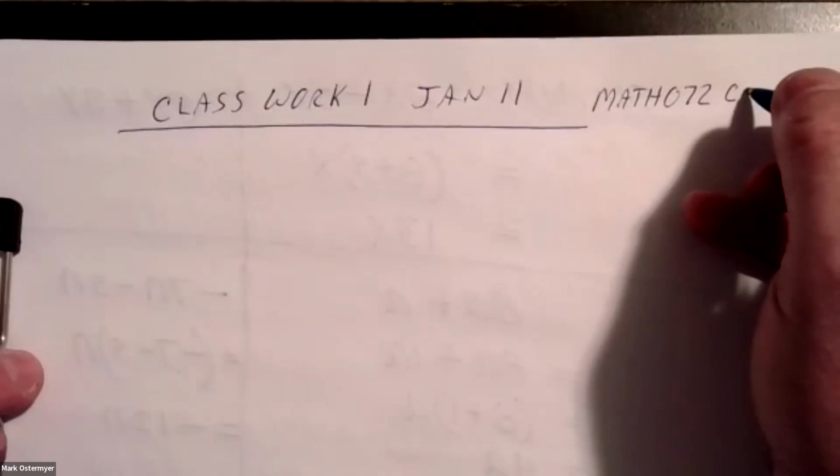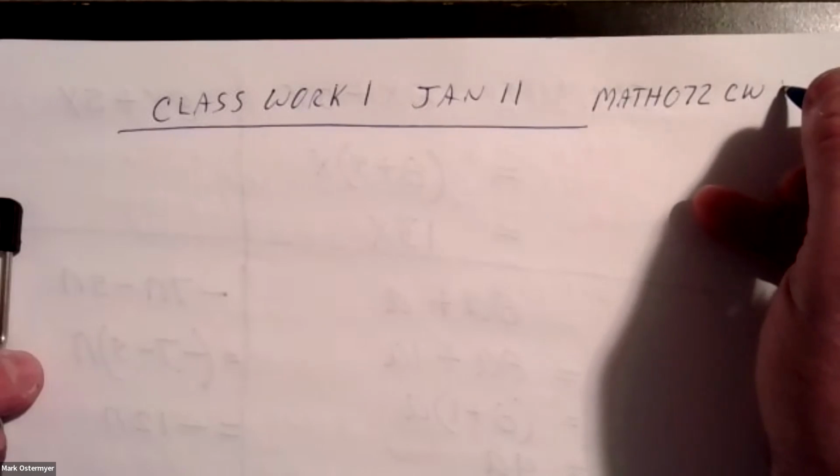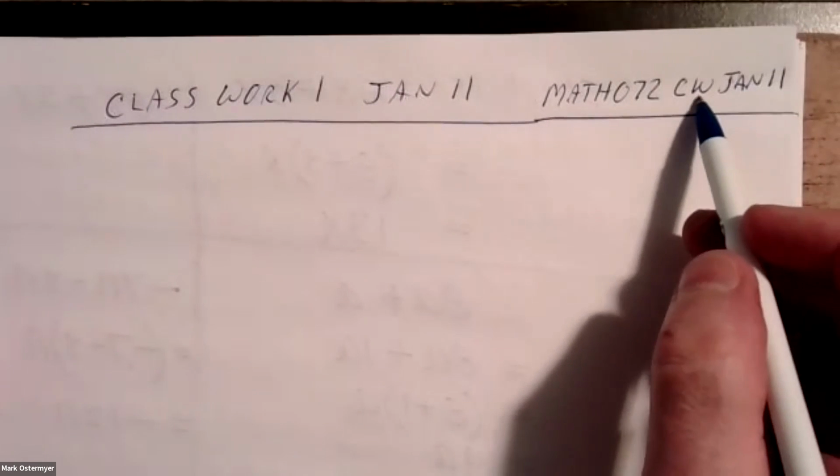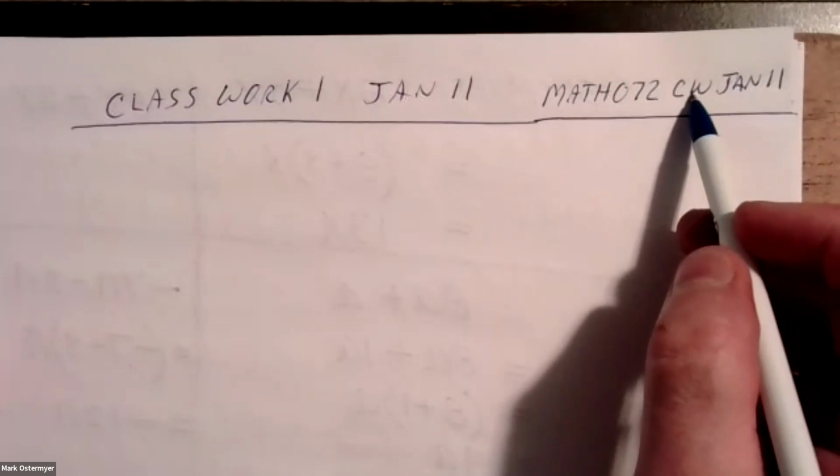And then after that, maybe you could put classwork January 11th in your subject line. That'd be awesome because it helps me to understand what the message pertains to. But at bare minimum, you always have to have this math 072. Don't forget that. What you put after that's optional, but at least have math 072.